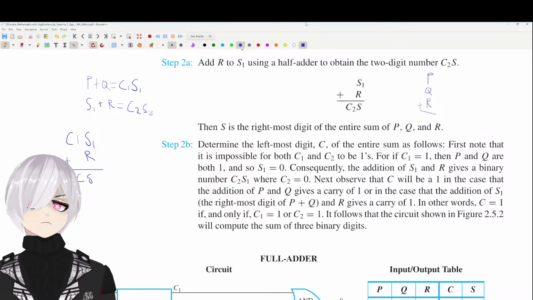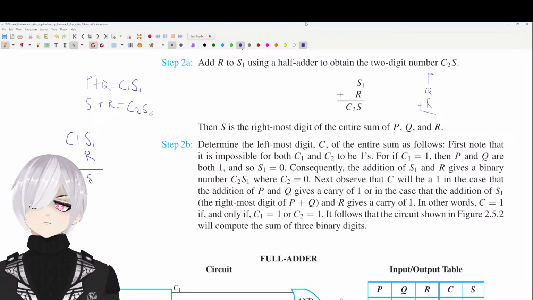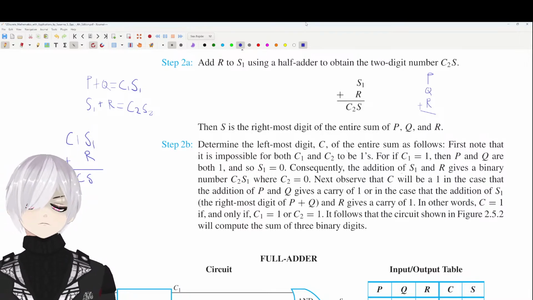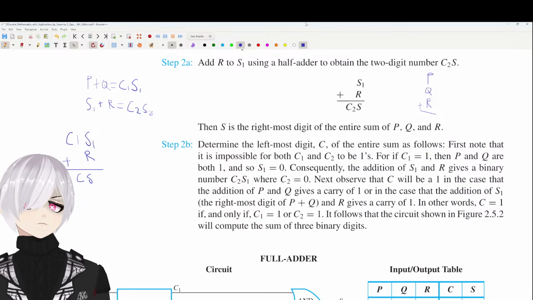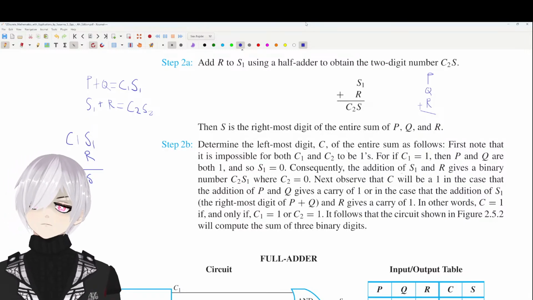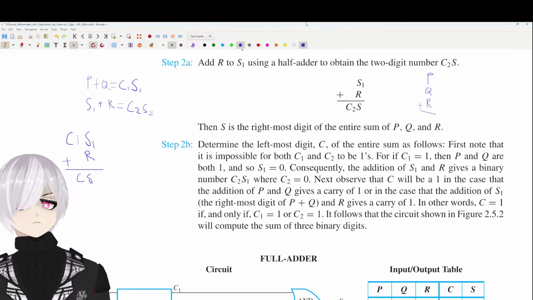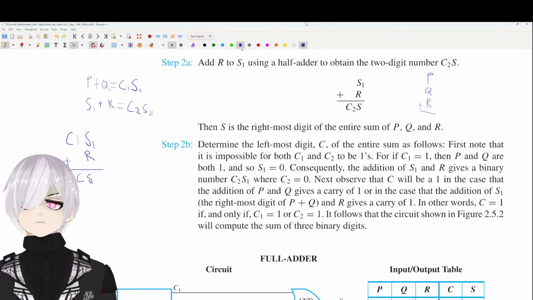But what about the case where C2 is 1? In that case, we know that C1 is 0, because C1 and C2 can't both be 1. So we're going to have P plus Q equals 0 S1.